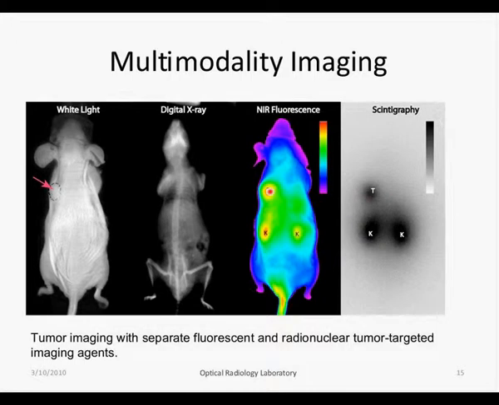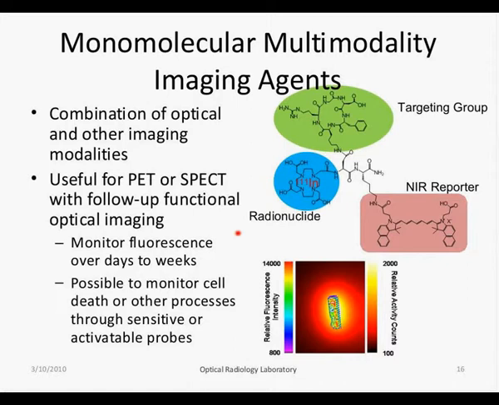And so this can speed research and decrease the cost and the animal burden, so that we're using fewer animals in research by using non-invasive imaging techniques. That example was with separate agents that were targeted to the same cancer receptor.